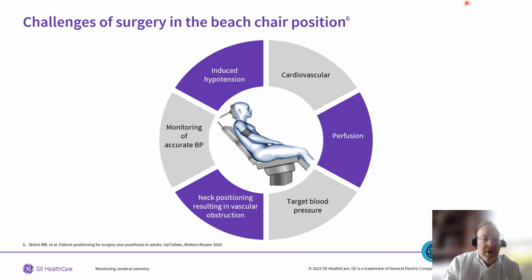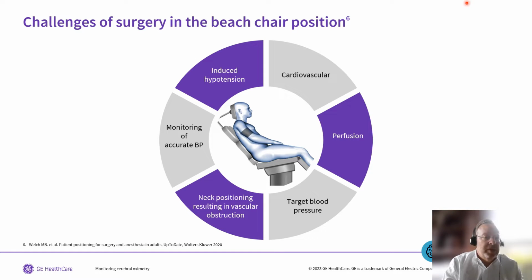Third, the target blood pressure in these patients is typically lower because induced hypotension is frequently requested. We don't really have good evidence-based guidelines on what's a safe and reasonable blood pressure to use for these patients. So that often leads to disagreement on what the lowest allowable blood pressure should be.